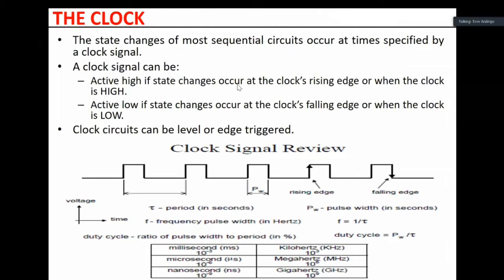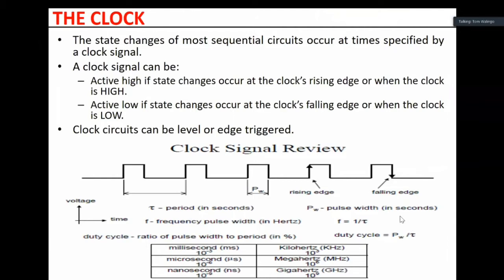So we've got the clock. Sometimes in sequential circuits, changes occur at a particular time. The output does not just respond to the input at any time. Sometimes it responds based on a clock. So you've got a clock signal that does that. The clock can be active high, it can be active low, level triggered or edge triggered.